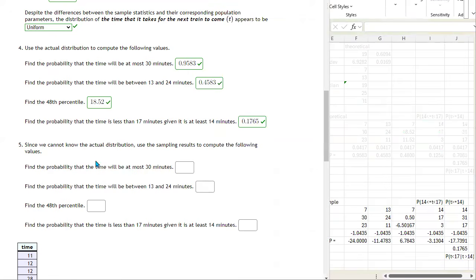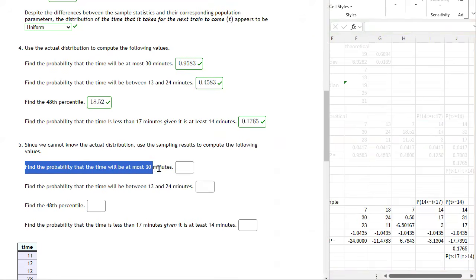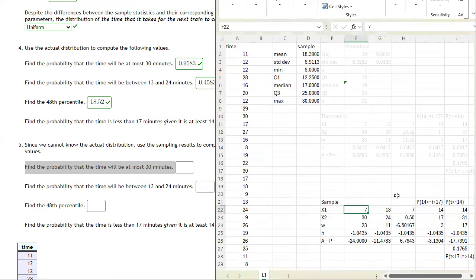So for this first thing, find the probability that the time will be at most 30 minutes, right? Same question, but we have to use a different distribution. We have to use the distribution derived from the sample. So the minimum value is not 7, it's 8.